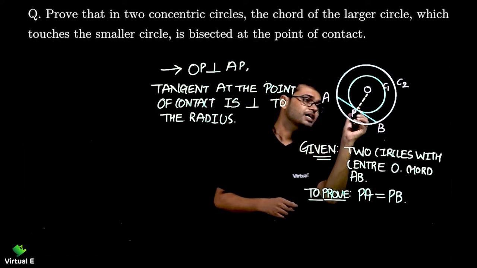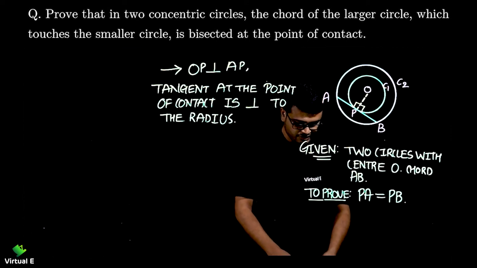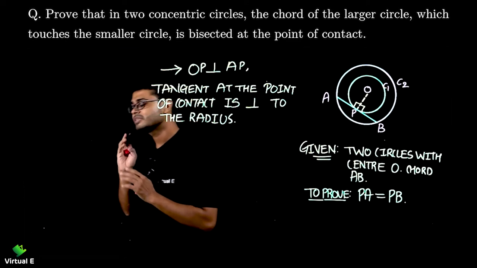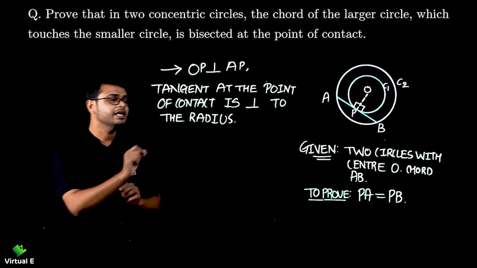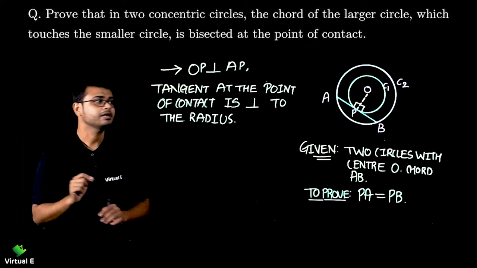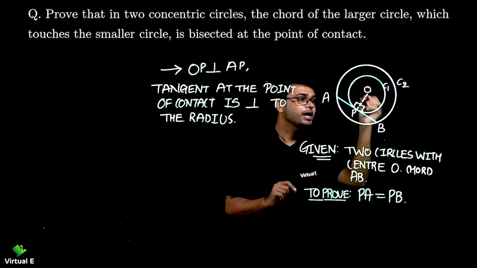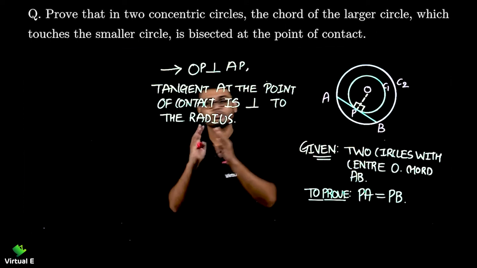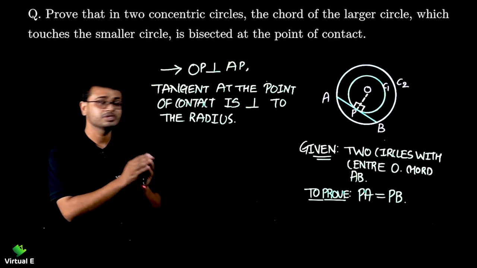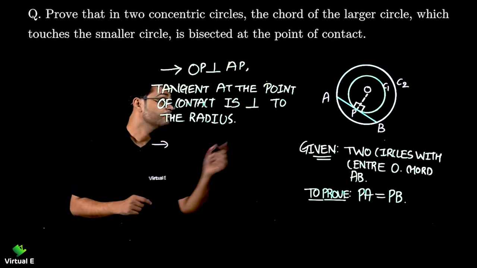So this is 90 degrees. That part is done. Now you learned one theorem in grade 9, that the perpendicular from the center bisects the chord. We did sums as well, that if you connect AO and OB, then you can find that two triangles are congruent with the help of congruency criteria. We learned that. So one more theorem, let's write it.